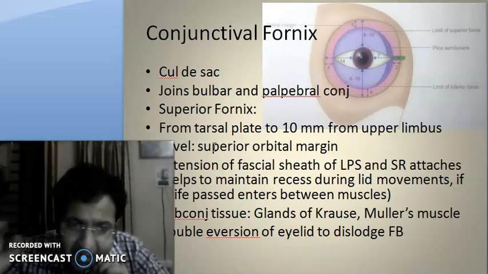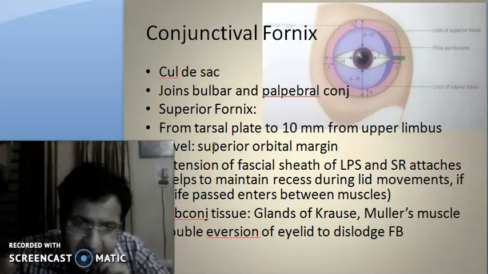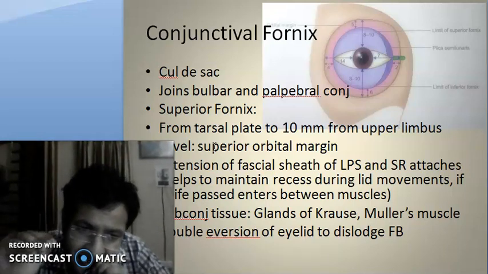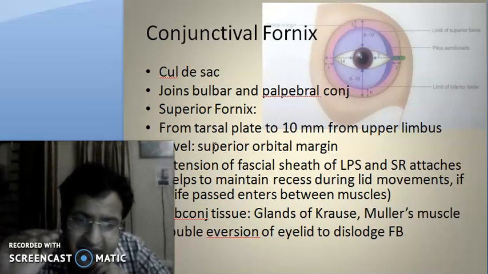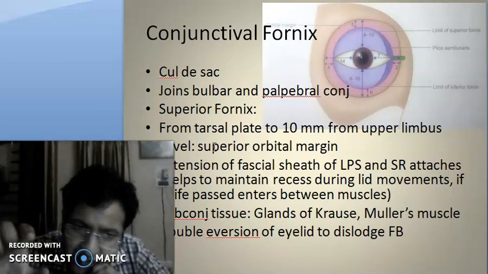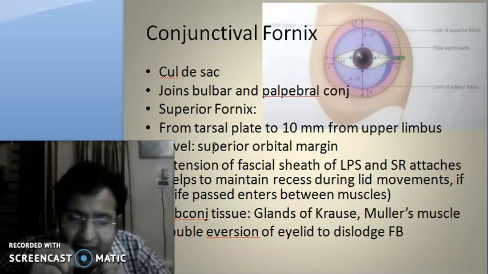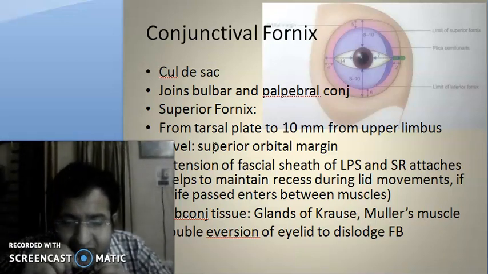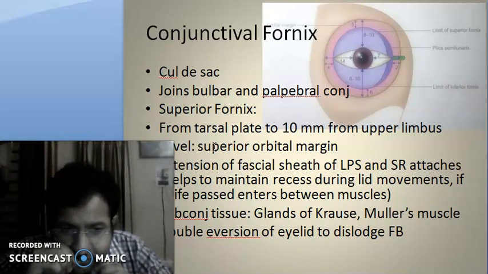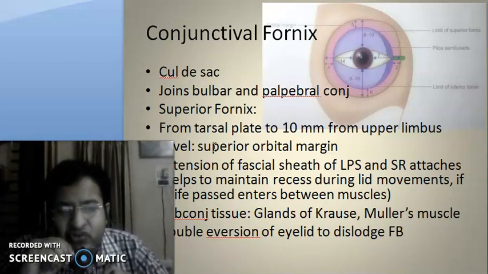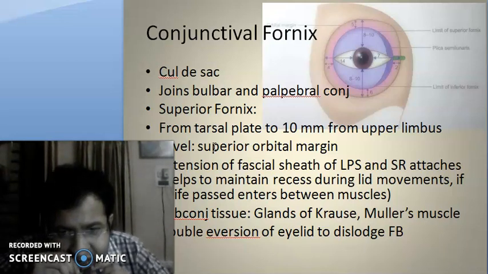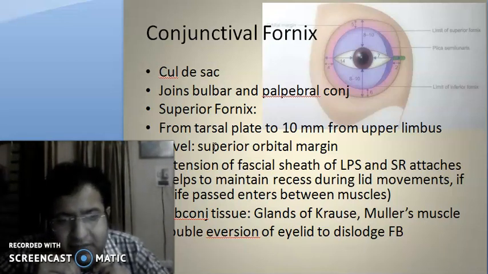If a knife is passed through the superior fornix, where does the knife enter in the muscles? It enters the plane between the two muscles, the LPS and the superior rectus. What lies in the subconjunctival tissue at the superior fornix? In the subconjunctival tissue of the superior fornix lie the glands of Krause and the Muller's muscle.